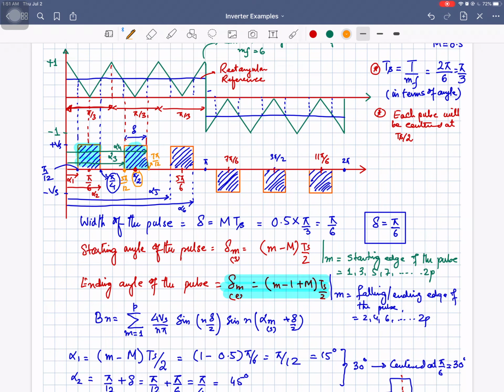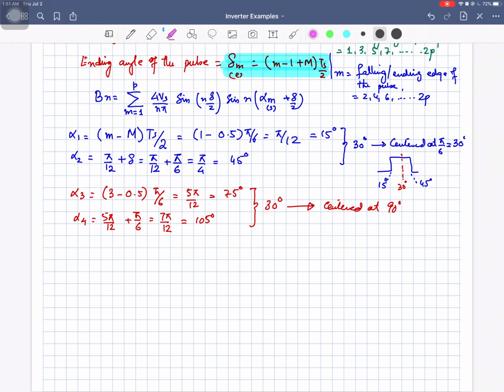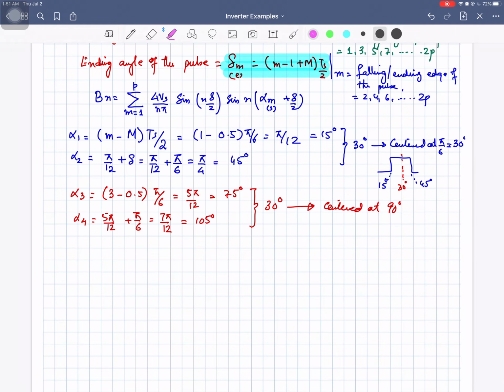Okay, now let's move toward the third pulse, and the third pulse is this one, which is centered at 5 pi by 6. Now let's calculate its starting and ending angle. So that is alpha 5 and alpha 6. If I calculate alpha 5, alpha 5 will be equal to 5 minus 0.5 into pi by 6.